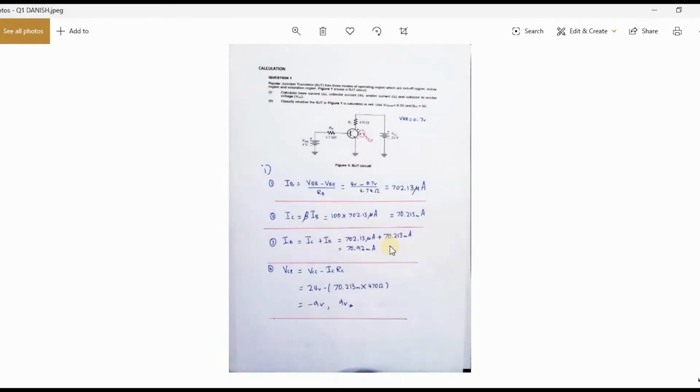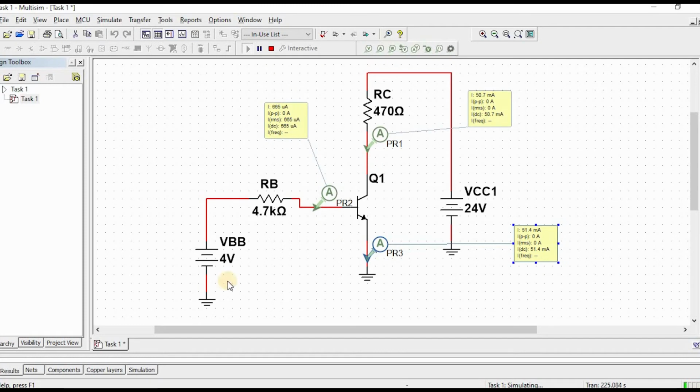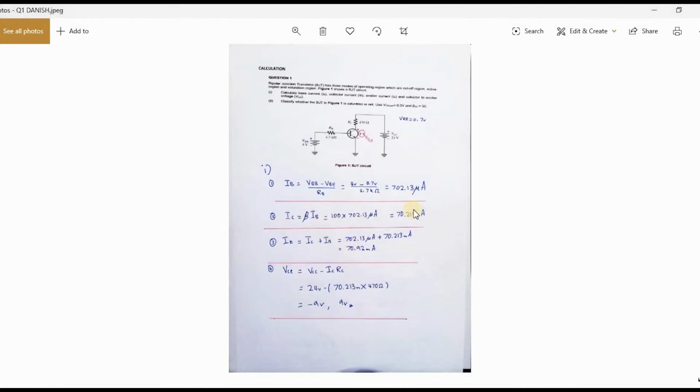For the calculated one, the IB value is 702.13 microampere, and what I get in simulation is 665 microampere. As for the IC value, I get in calculated 70.213 milliampere, and the IE value is 70.92 milliampere.